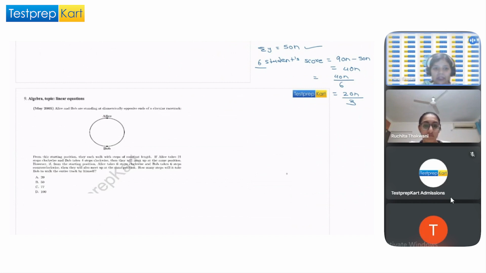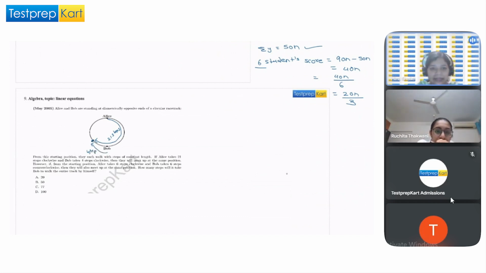If Alice takes 21 steps clockwise and Bob takes 4 steps clockwise, then they will meet up at the same position. So they are meeting at some position.